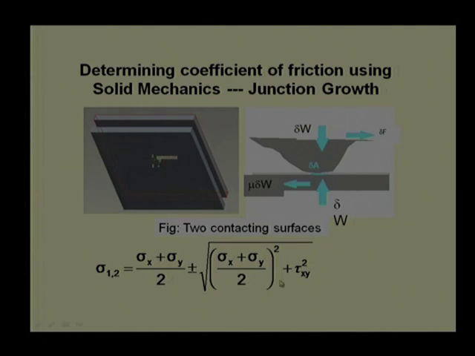Then this is the average plus this is the shear strength term. If I simplify, assume there is a normal load only in y direction and in x direction there is no force, then sigma x will be 0, sigma y will be the normal force divided by the projected area, while shear stress will be friction force divided by contact area. These are the simple expressions.